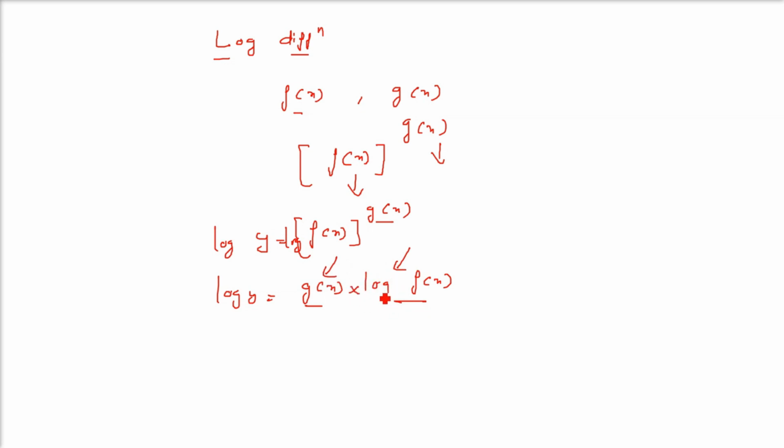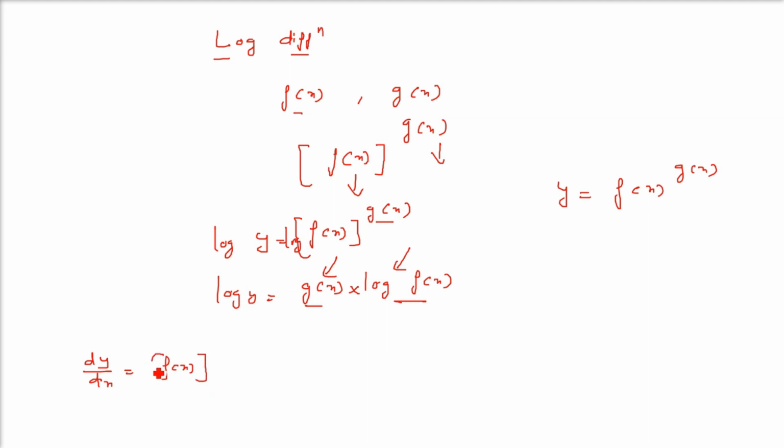But when they have the x relation, we can apply the product rule and solve the question. So if we have y equal to f(x) to the power g(x), dy by dx will be computed how? This is the final result I am saying, I am not proving it.